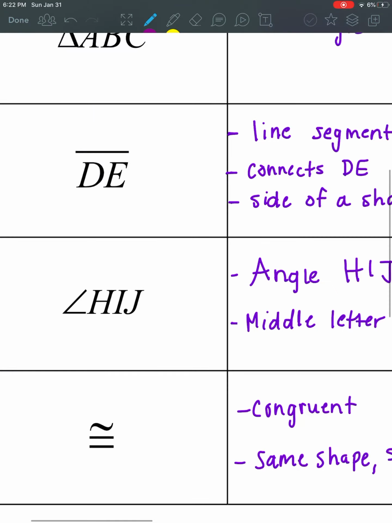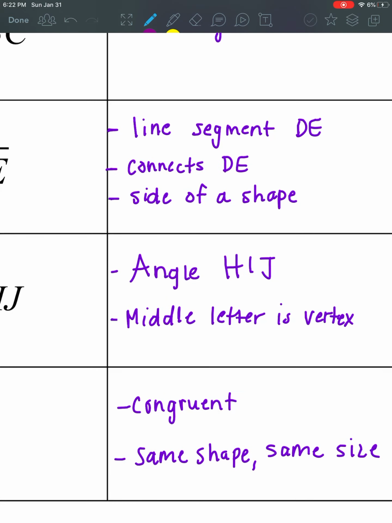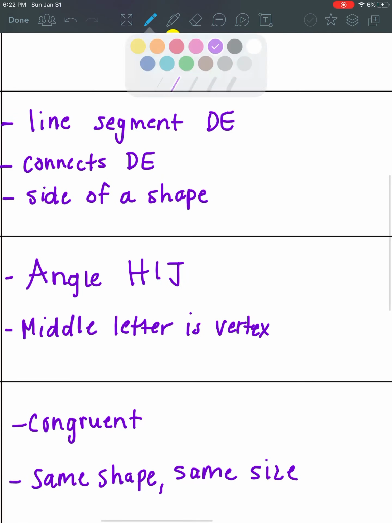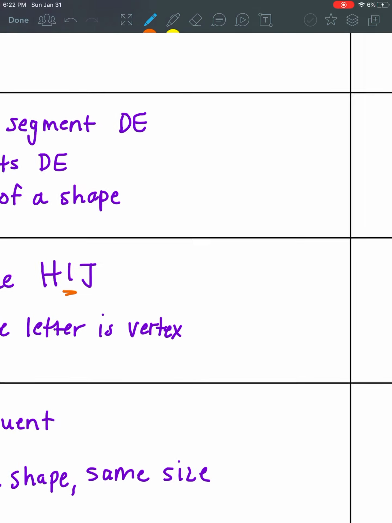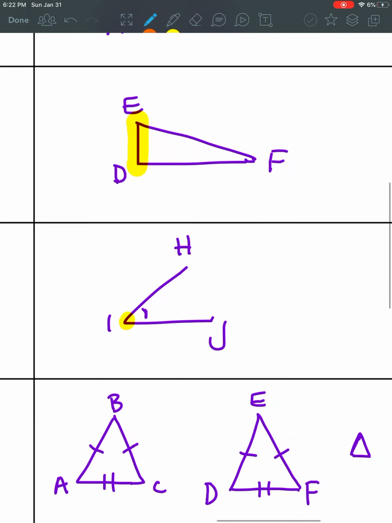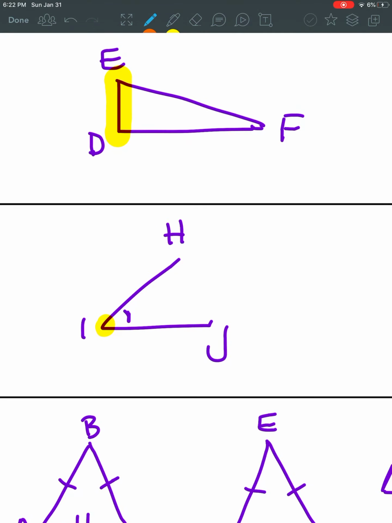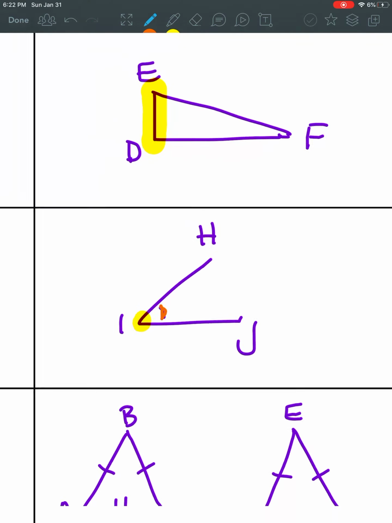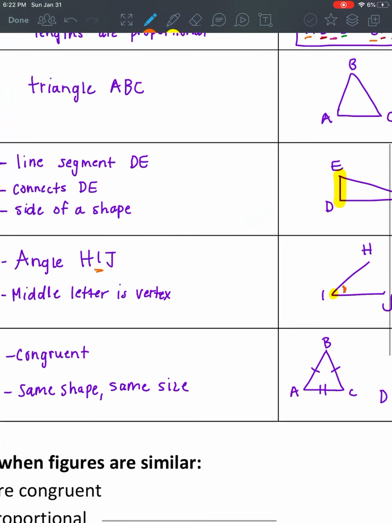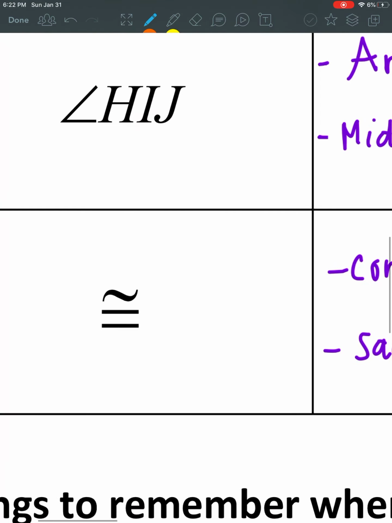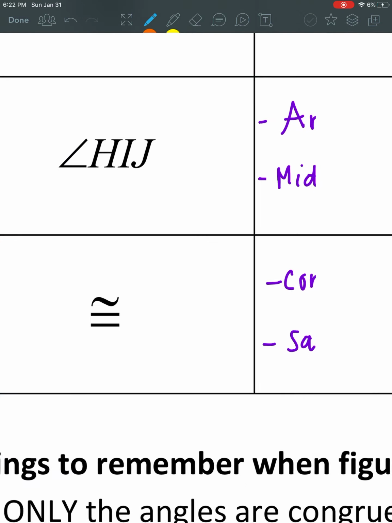Here we have what kind of looks like an inequality symbol, a less than symbol. So this represents angle HIJ, which I wrote here as my definition. The middle letter is your vertex, and the vertex is where that angle is. So again, I highlighted over here, HIJ is our angle, and then this little symbol here is showing you that angle that we'd be measuring.